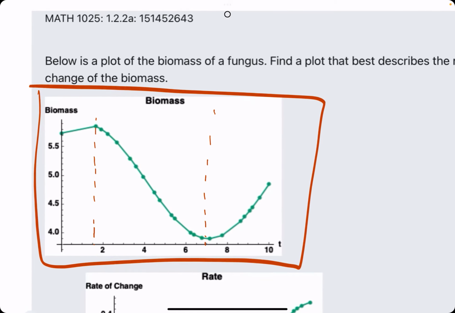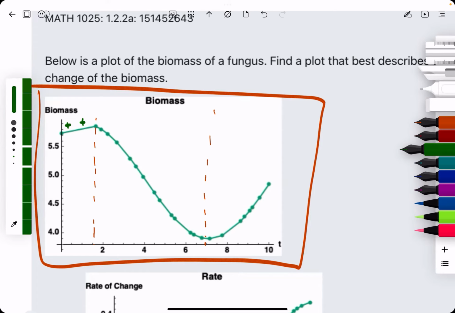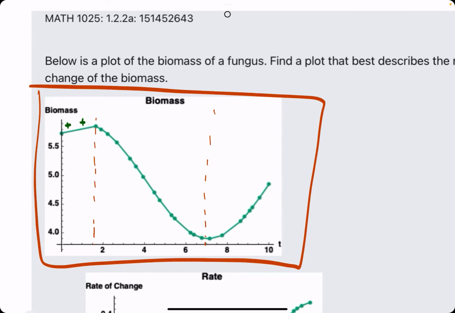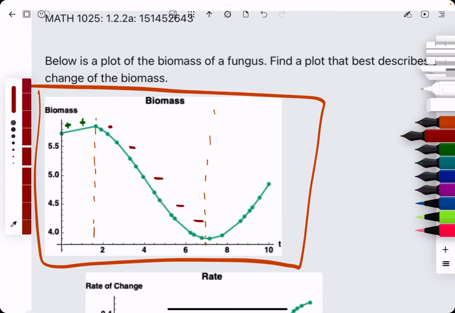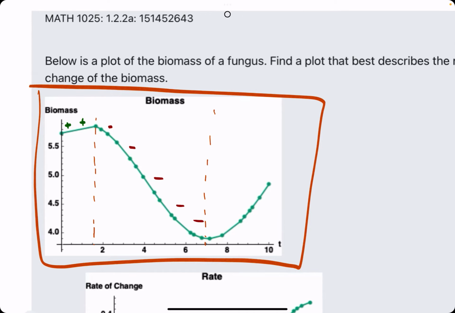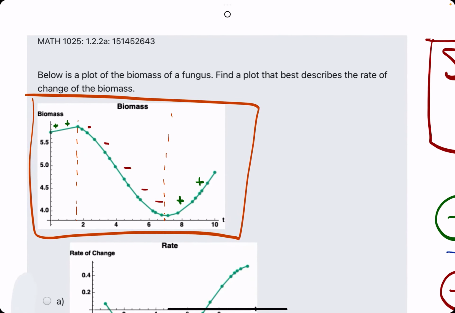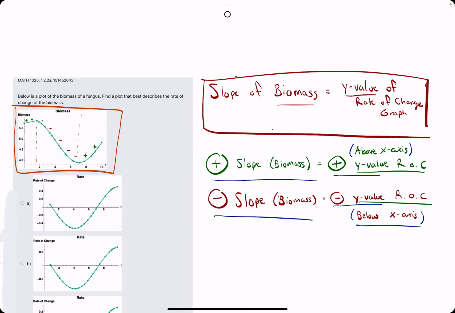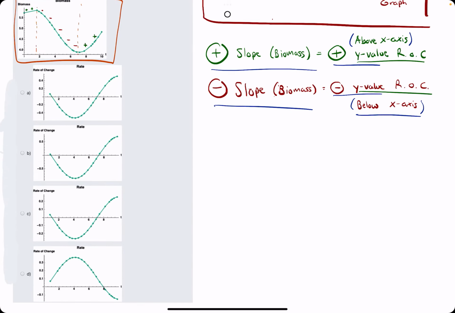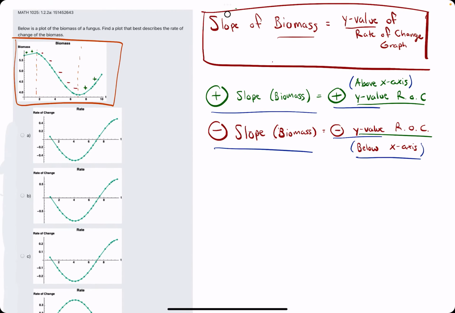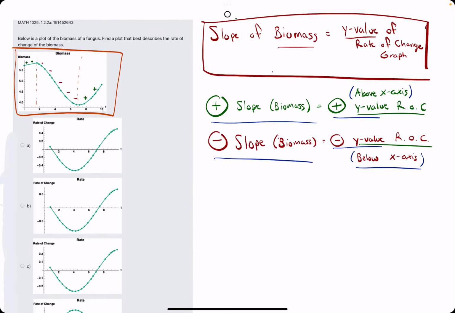It starts off on the left side with just a baby positive slope, and then it changes a little before t equals 2 to a negative slope until it hits about t equals 7, where it changes back to a positive slope. So wherever it has a positive slope on the original function, that should correspond to where the rate of change graph lies above the x-axis, or has positive y value.